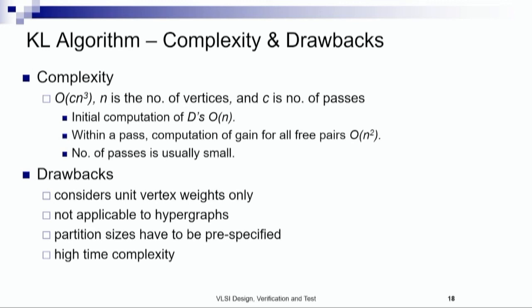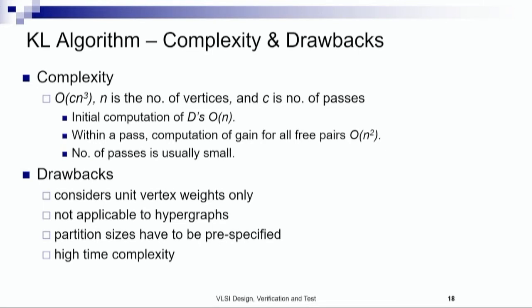We have n vertices on one side of the partition, n vertices on the other side of the partition, and then we have to take one vertex and find the gain with respect to all other vertices on the other side of the partition. Then we take another vertex on this side and find out the gain for all vertices on the other side. Likewise, this step will be done for all vertices in a partition, and hence the total computation that will be required is big O of n square.